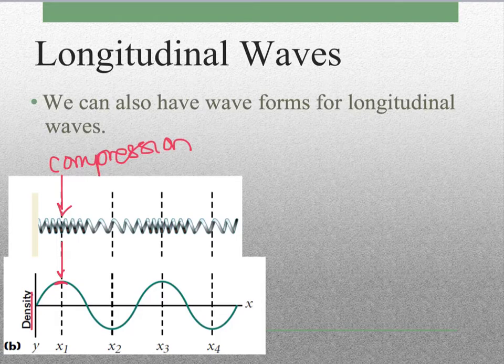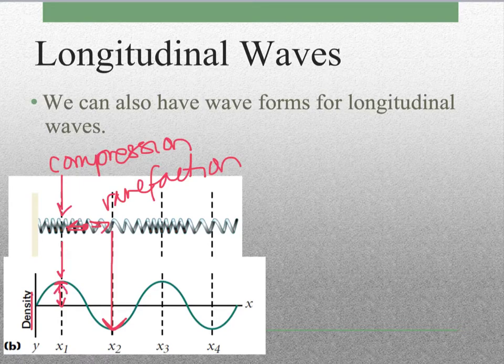But here we have our rarefaction, where it's less dense, and that corresponds to our low parts of the wave, the trough. Then you end up with that repeating. However, remember this particle is traveling back and forth, and that distance corresponds to our amplitude. So we have density here and amplitude.